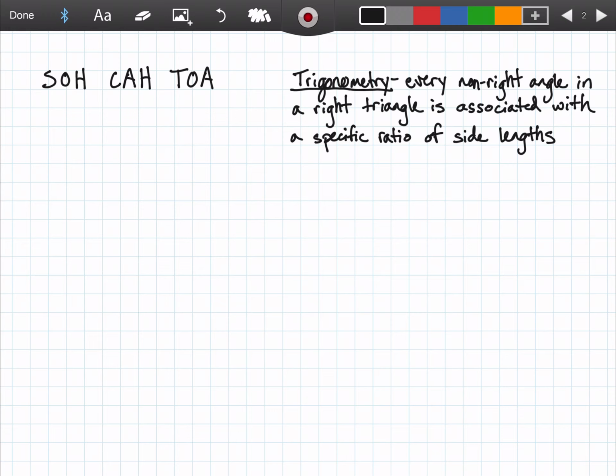That's all trigonometry is. It's just how do angles in a triangle relate to the sides that make them. That's it. And so with SOHCAHTOA, that's the names of our trig ratios.